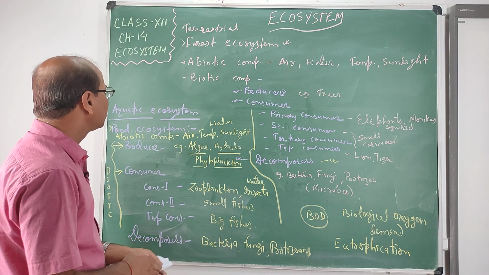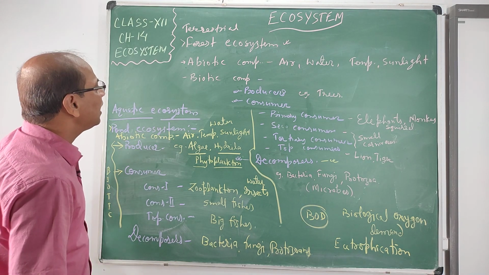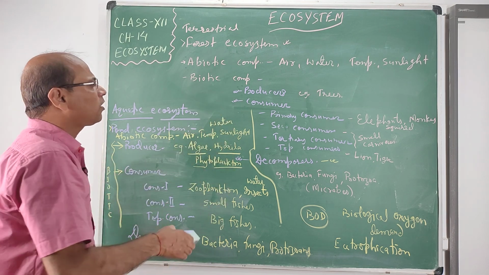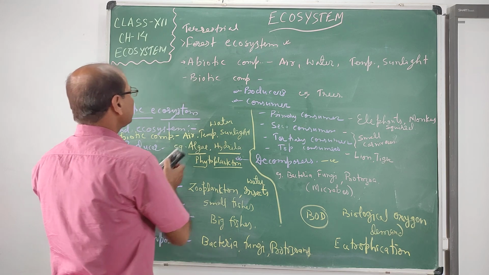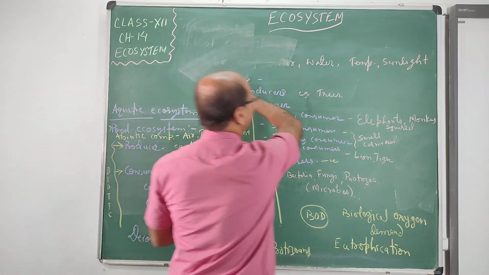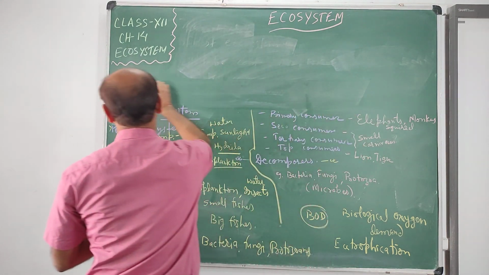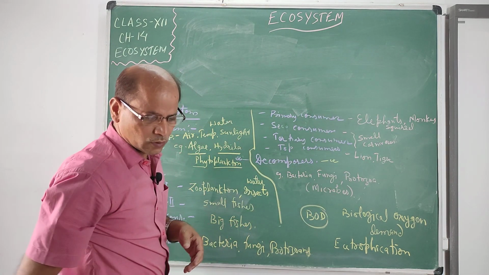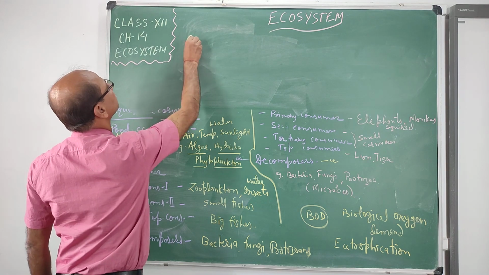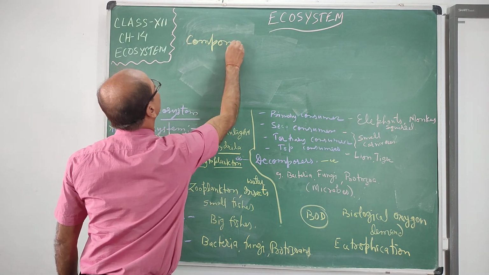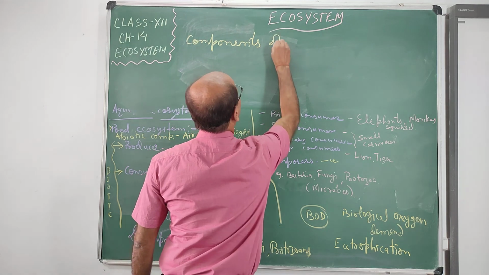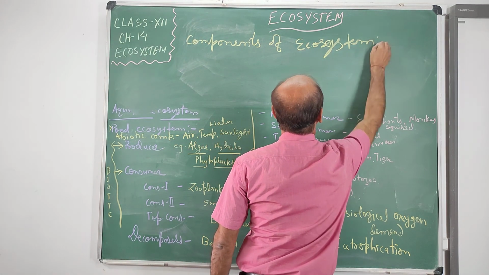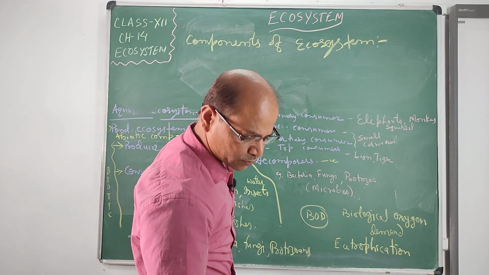Components of the ecosystem means the terrestrial and the aquatic ecosystem. Now, what are the overall components of the ecosystem? You see, there are four main components of the ecosystem.